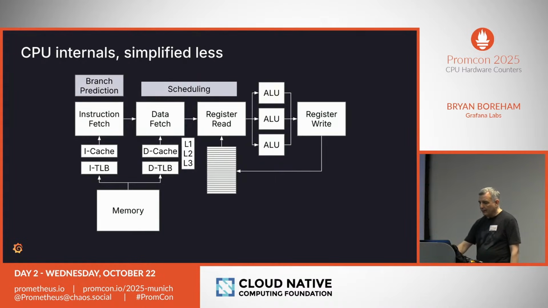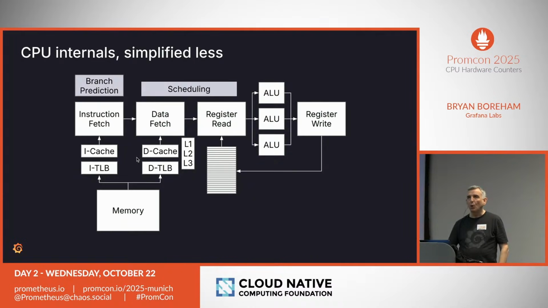So basically, the point about CPU hardware counters is that we can find out what all these different things are doing at what rates. There is a counter inside the CPU for hits and misses at each level of the cache.